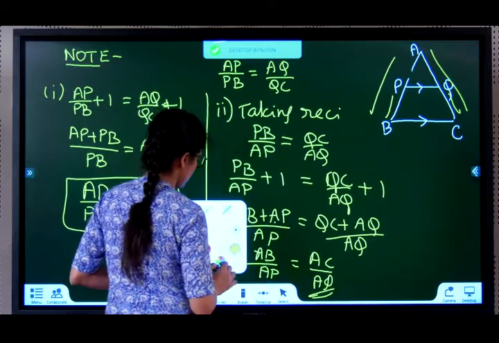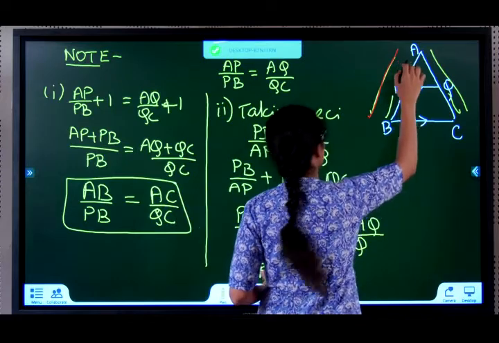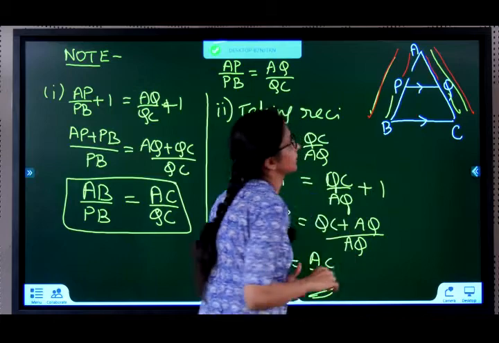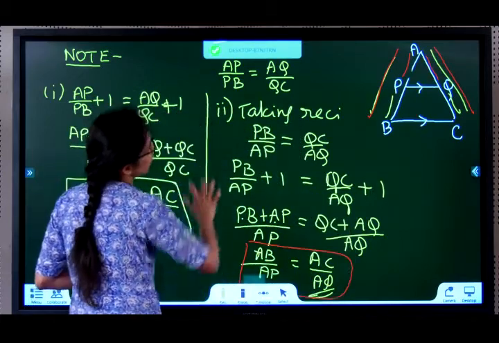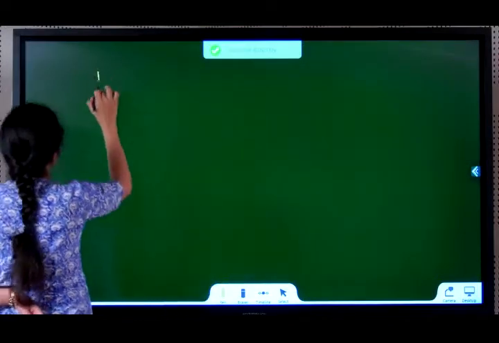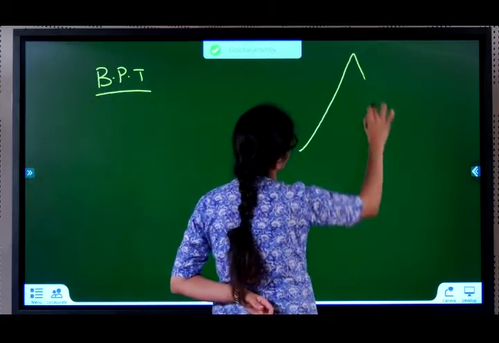This now tells you AB by AP is equal to AC by AQ. Can you imagine the proof that we have achieved now? This is BPT, the basic proportionality theorem.